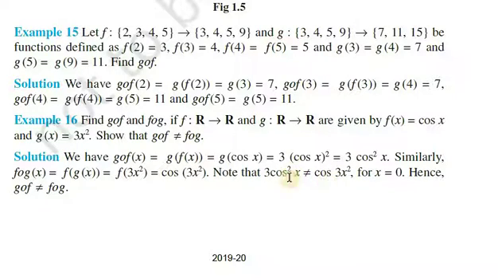So the left hand side will be 3 and the right hand side will be 1. Hence they are not equal. Therefore, g∘f is not equal to f∘g in general. It's mostly not equal, though sometimes it is equal. We'll see when they are equal or not.